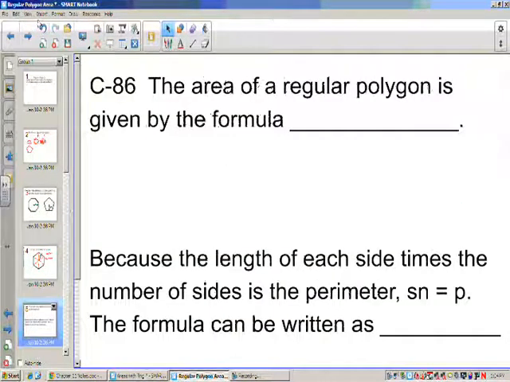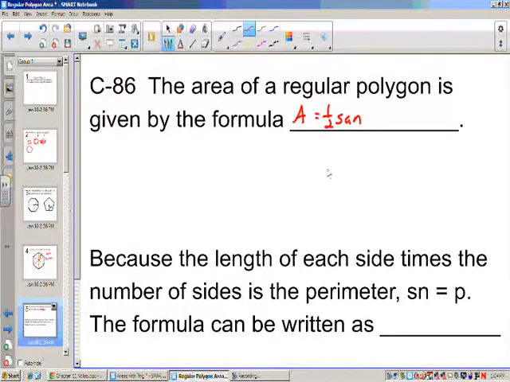So that's our formula: the area of a regular polygon is area equals 1/2 S A N. Now, since the side length times the number of sides is equal to the perimeter, we could also write the formula as area equals 1/2 the perimeter times the apothem.